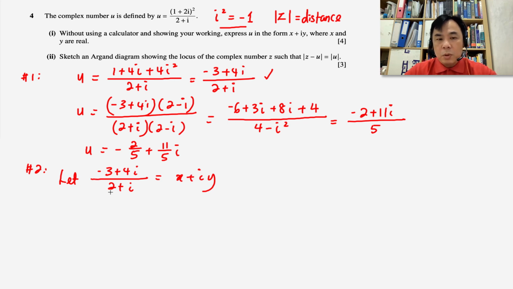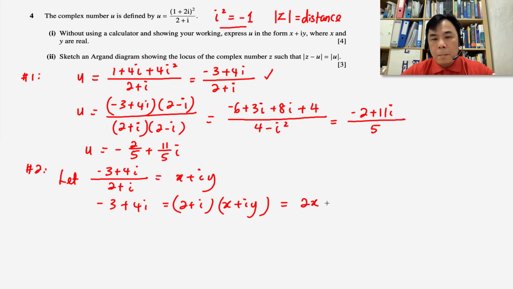So we're going to multiply both sides by 2 plus i. Then that will give us this. Okay, and then by expanding this, we get 2x plus 2yi plus xi minus y. I straight away convert that, and then group the like terms, the real components together, and then group the imaginary ones together.